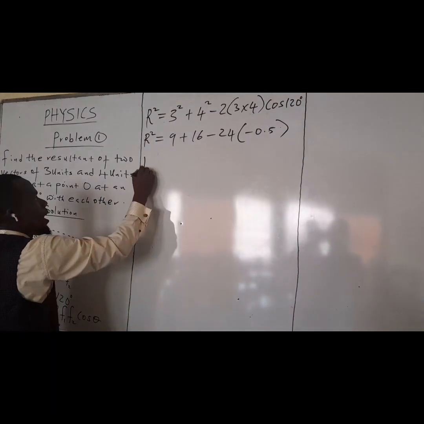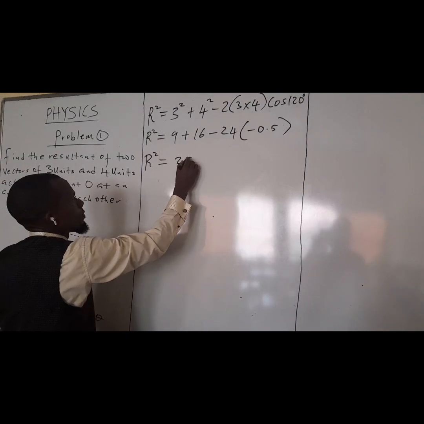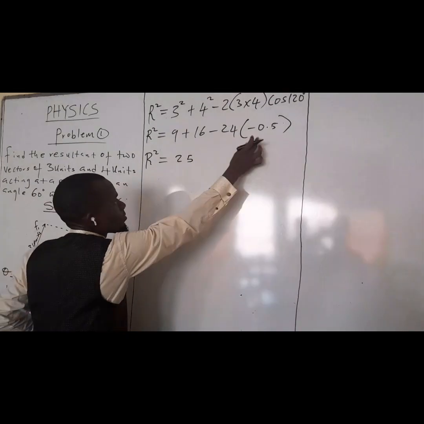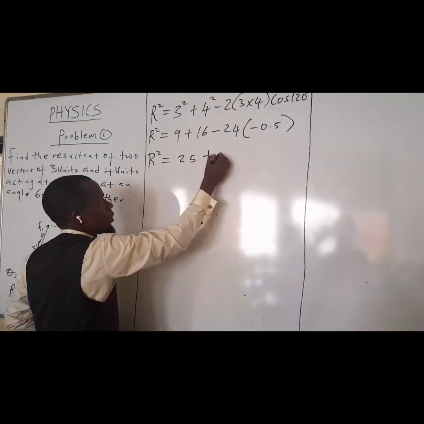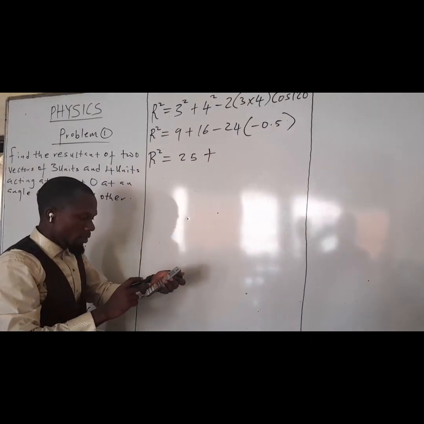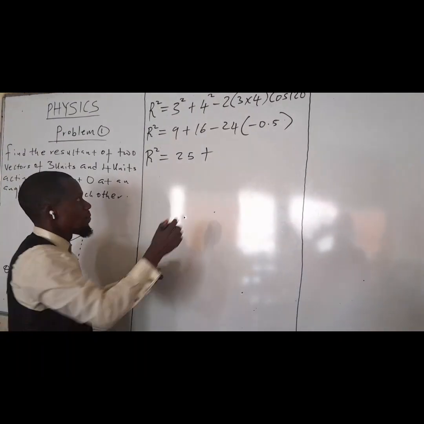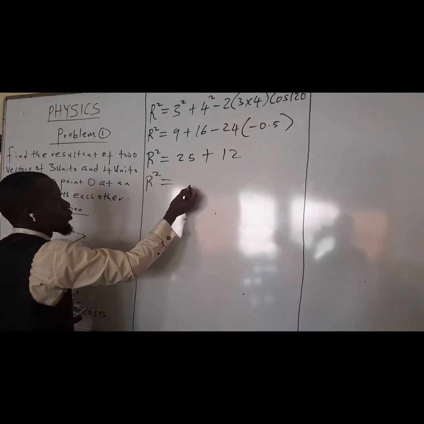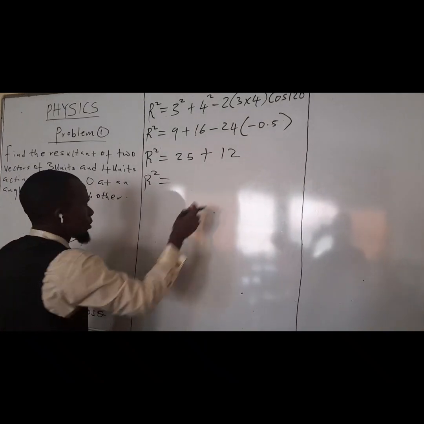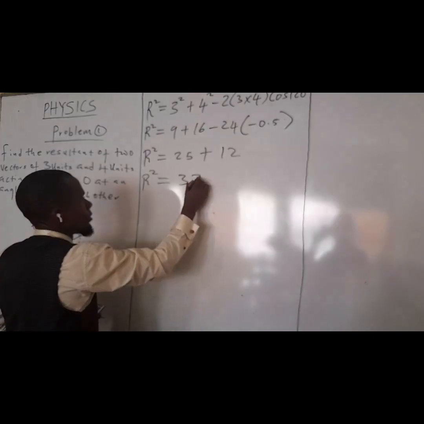So my R squared is equal to this plus this. I have my 24. Minus times minus is plus. So 0.5 times 24, I have my 12. So my R squared is equal to 12 plus 25. I have my 37.